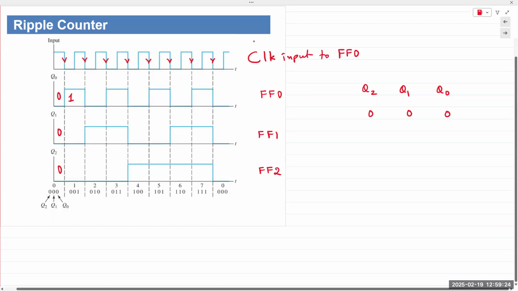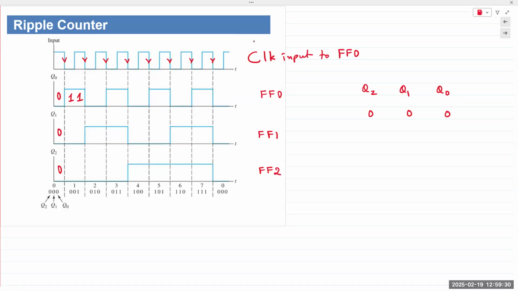So output remains high until the next negative edge trigger arrives. When the next negative edge arrives, output toggles and goes to 0. Okay, that output is going to stay at 0 until the third negative edge arrives. The third negative edge arrives here, output toggles to 1. And so on and so forth for FF0, right?